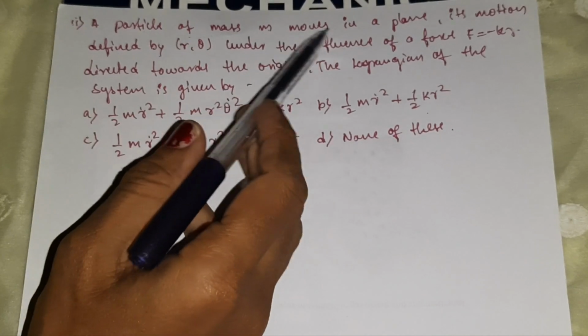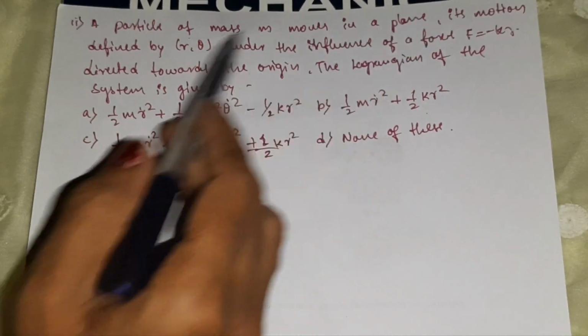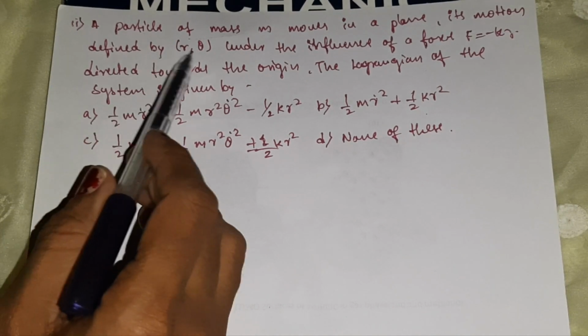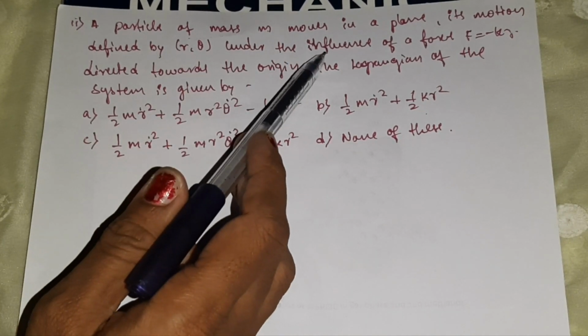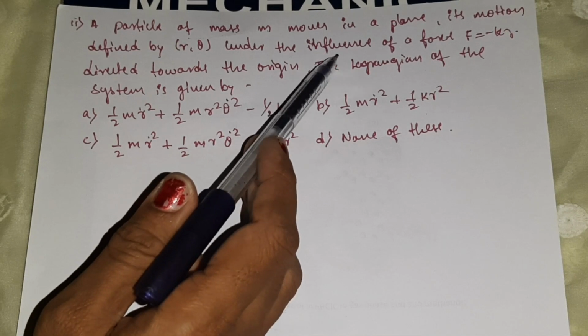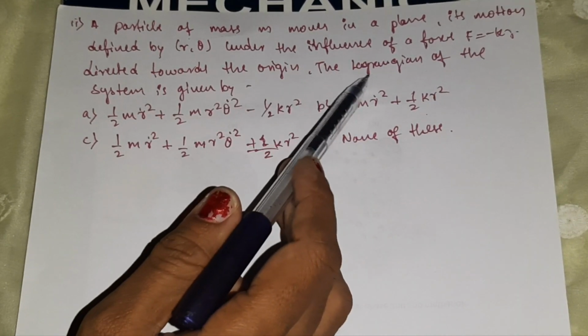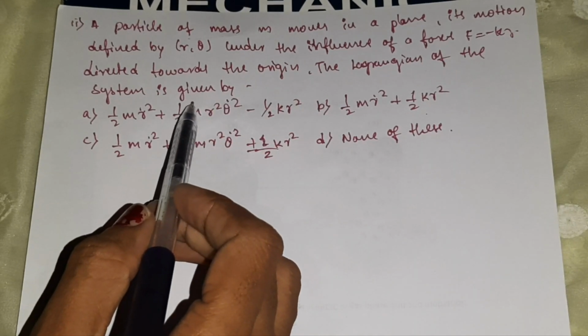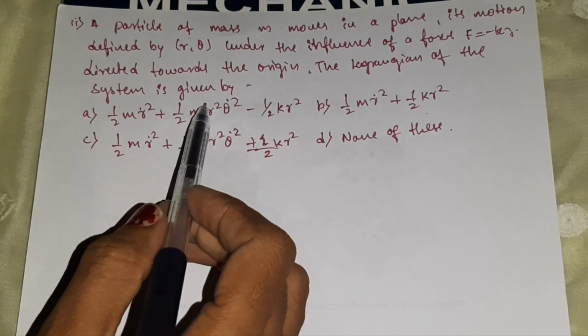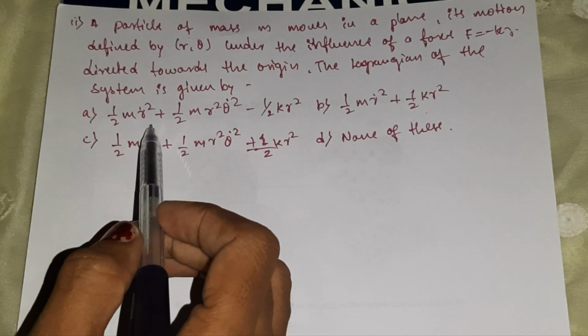A particle of mass m moves in a plane, its motion defined by r, t, under the influence of a force F equal to minus kr directed towards the origin. The Lagrangian of the system is given by, that is half.